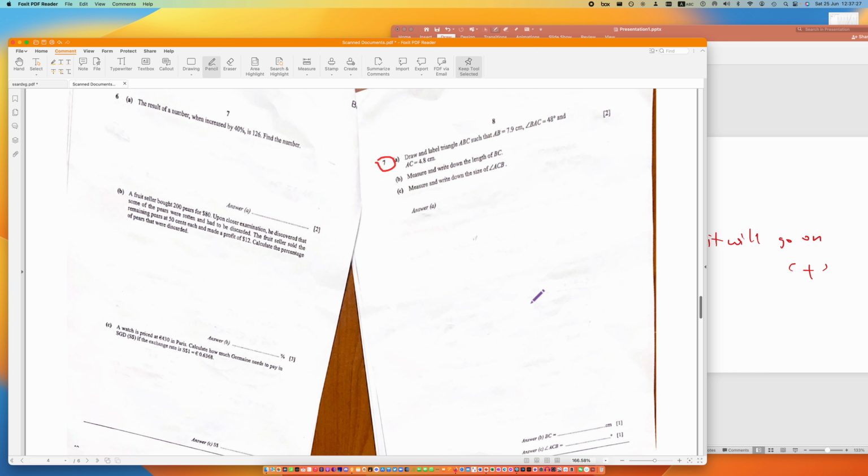Yes. Then after that they ask you to what? Measure the length BC. So BC, just measure and just write the answer there. Measure the angle ACB.